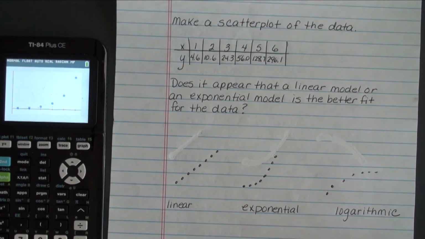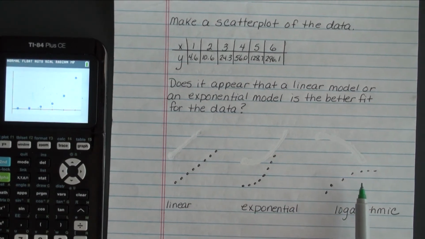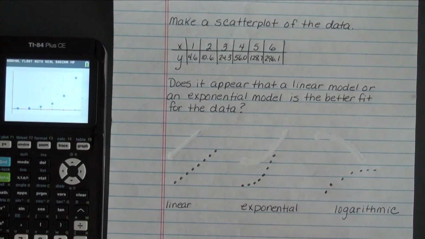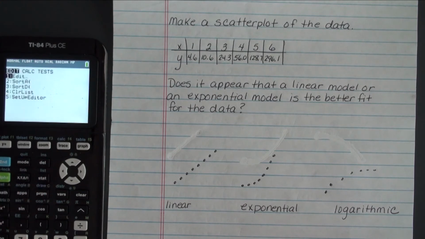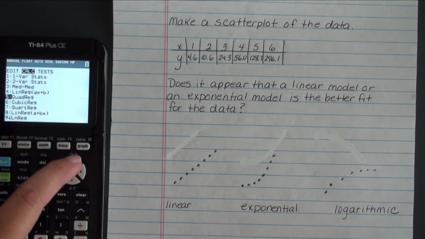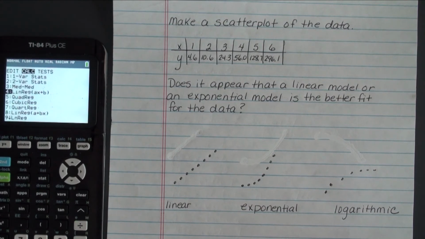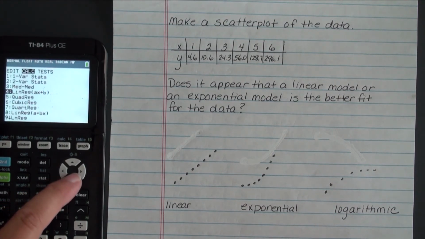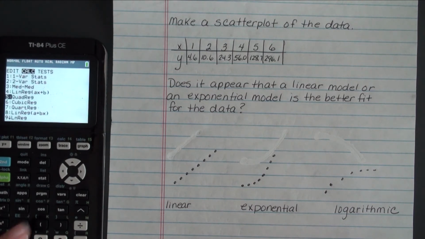Now this particular example is not asking for an equation, it's just asking for which type of model is the better fit. If you were asked for an equation, remember that we go to Stat, over to Calculate, and depending on what type of model you have, we know that the linear regression is the command 4. The quadratic regression is command 5.